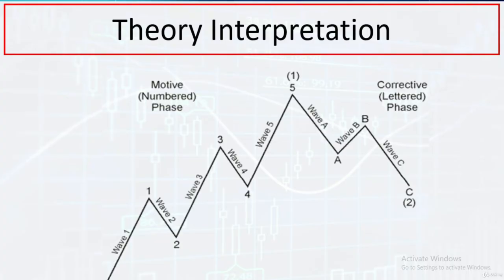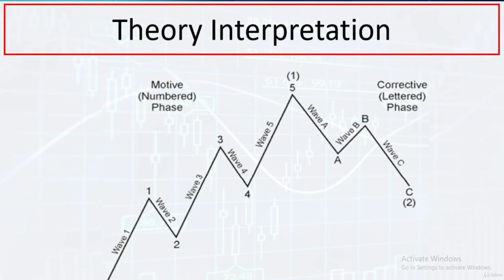This 5-3 move then becomes two subdivisions of the next higher wave moves. The underlying 5-3 pattern remains constant, though the time span of each wave may vary. With the example shown on your screen, we can easily understand the interpretation of wave patterns.